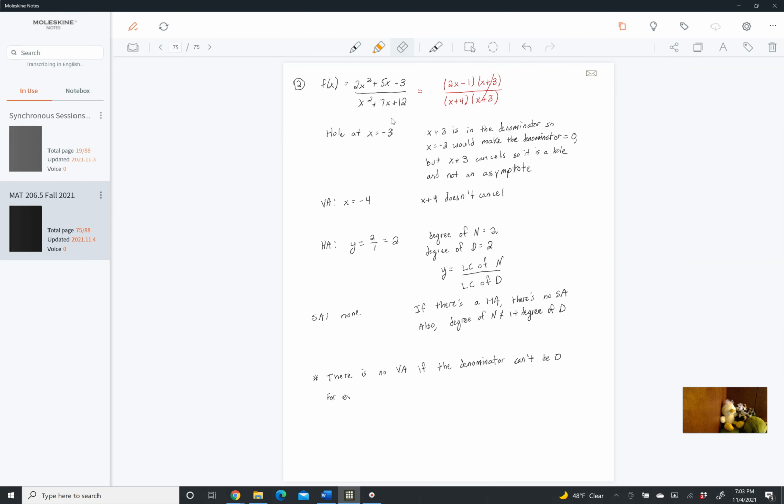For example, if your denominator is quadratic, and the quadratic formula gives you imaginary numbers.